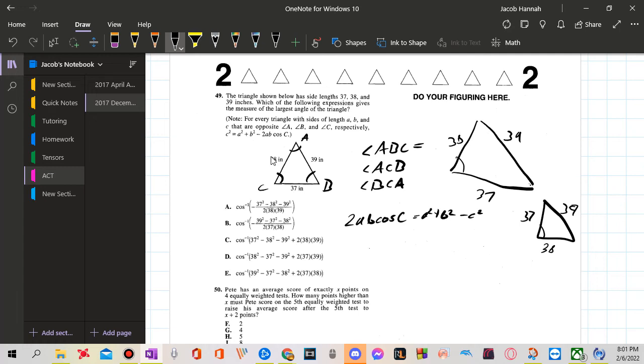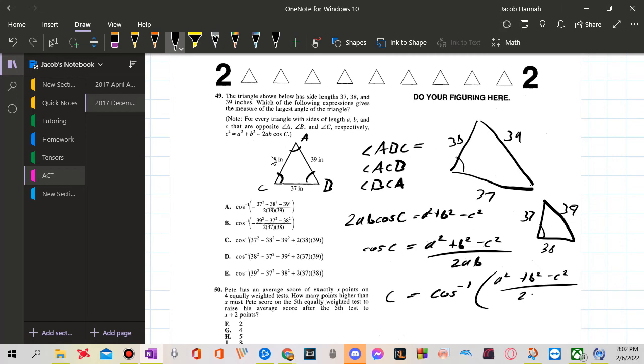Now cosine of C equals A squared plus B squared minus C squared divided by 2AB. Then you take the inverse of both sides, so C equals cosine inverse of A squared plus B squared minus C squared divided by 2AB.